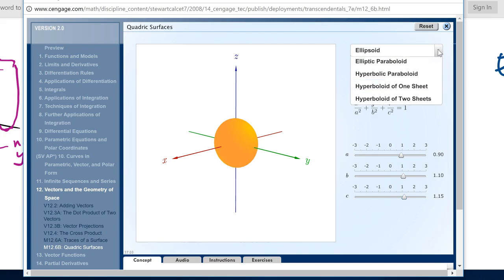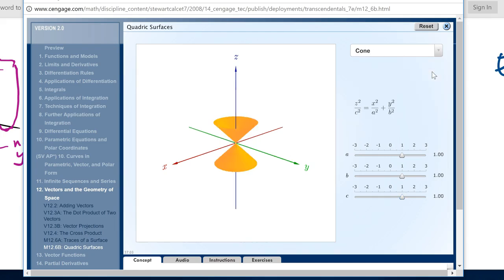Now, while I'm here, let's look at other objects. Here's a cone. Now, a cone in math is a double-sided cone. We're not talking about ice cream cones here. It's a double cone. So if you look, it's z squared over c squared equals x squared plus y squared.